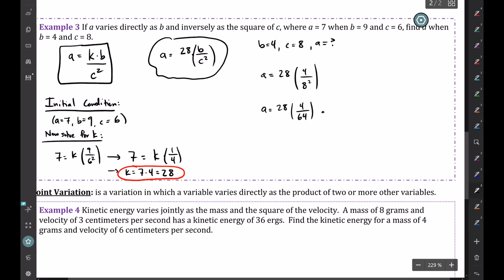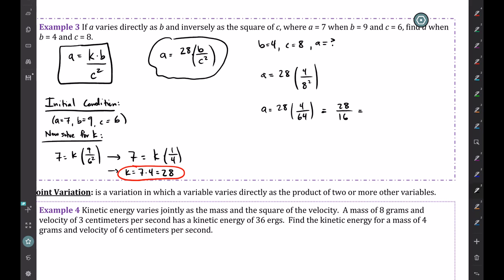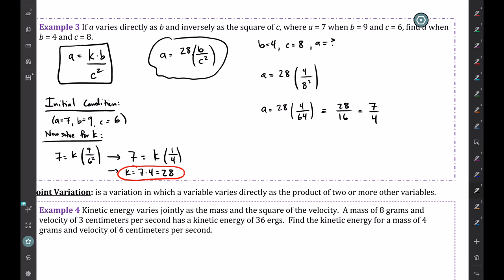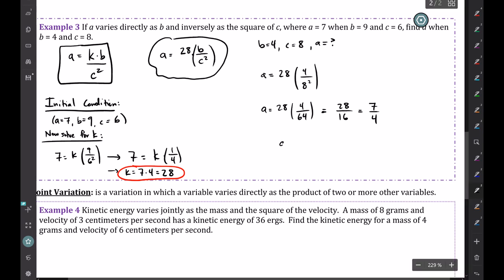So I have a is 28 over 16. And now we can simplify that a little bit more. We can divide by 2, I'd get 14 over 8. I can divide by 2 again, I'll get 7 over 4. I guess that's dividing everything by 4 there. Okay, so a equals 7/4.